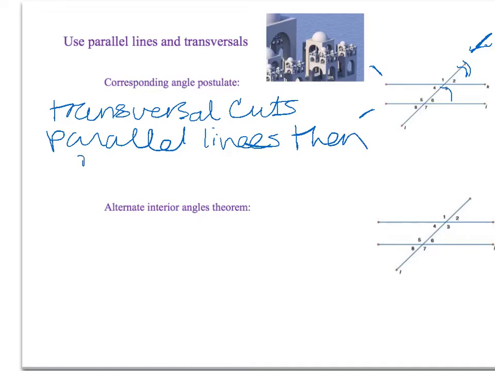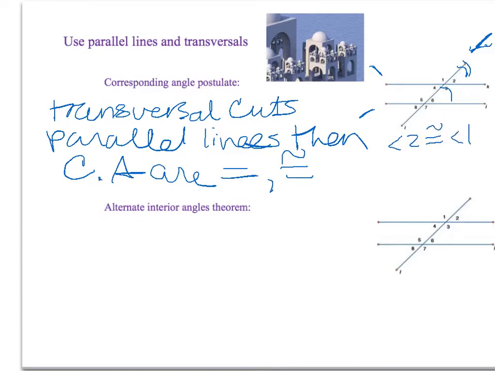So the corresponding angles are equal, or you could think of them as congruent. So using this postulate, what this tells me is angle 2 is congruent to angle 6. So that is the corresponding angles postulate.